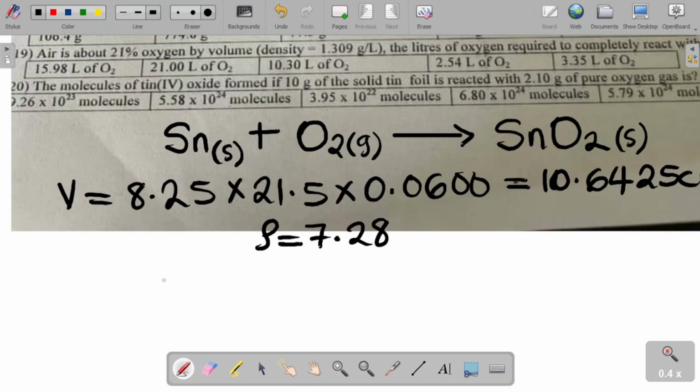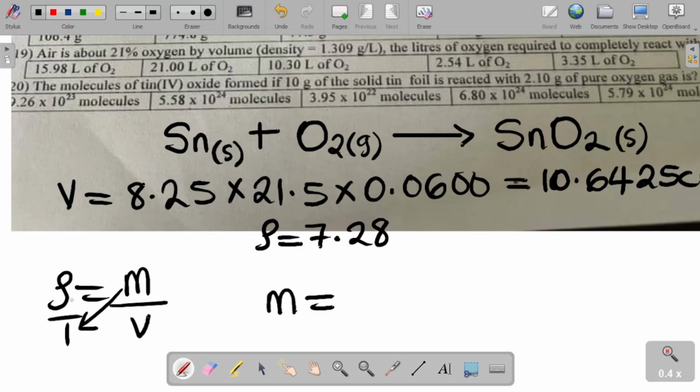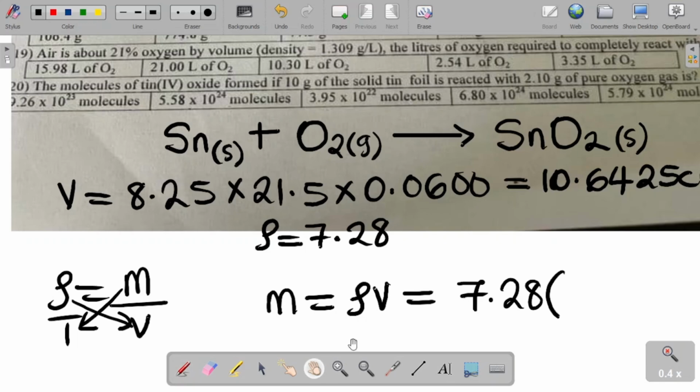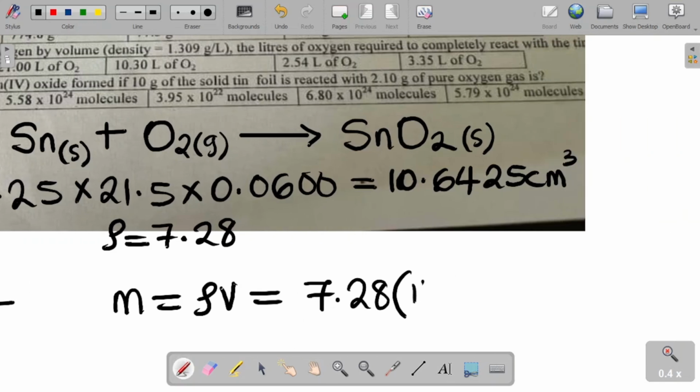Now we know that density rho is equal to mass over volume, so mass is equal to density times volume, rho V. That's 7.28 times the volume, 10.6425.